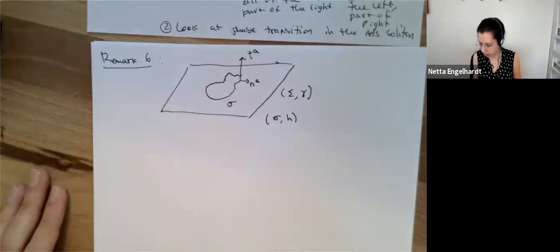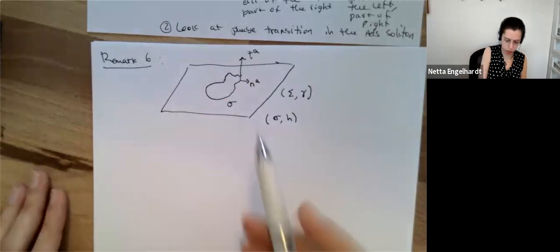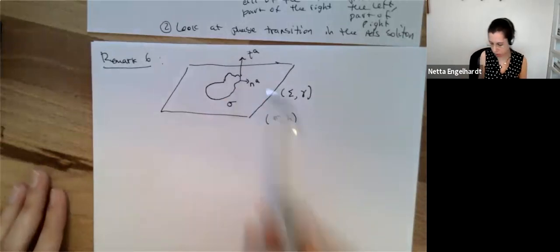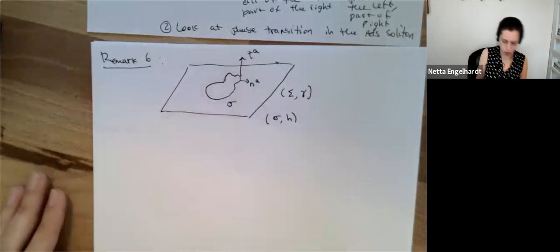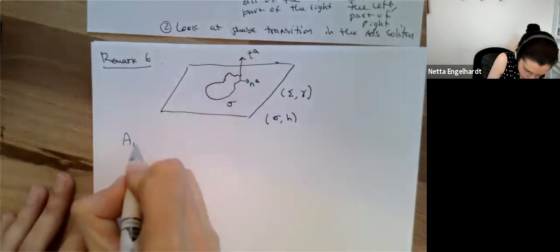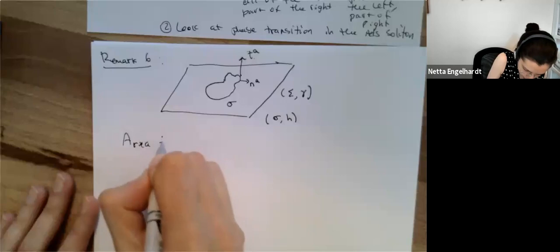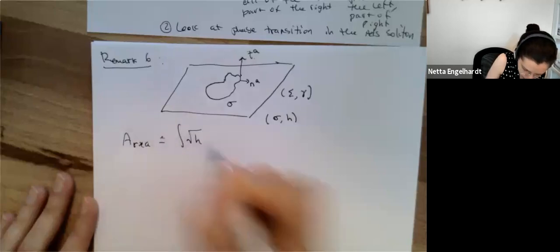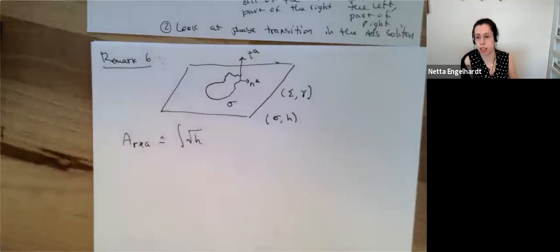We talked about this last time. And here, both of these are normalized, this to -1, and this to 1. So the area of sigma is given by the integral of the infinitesimal area element on sigma.